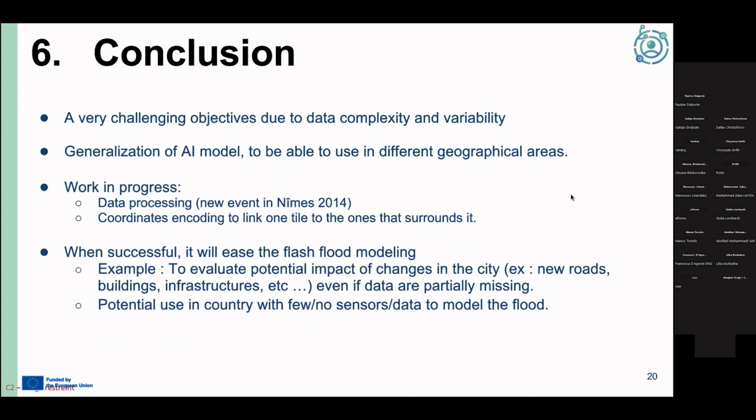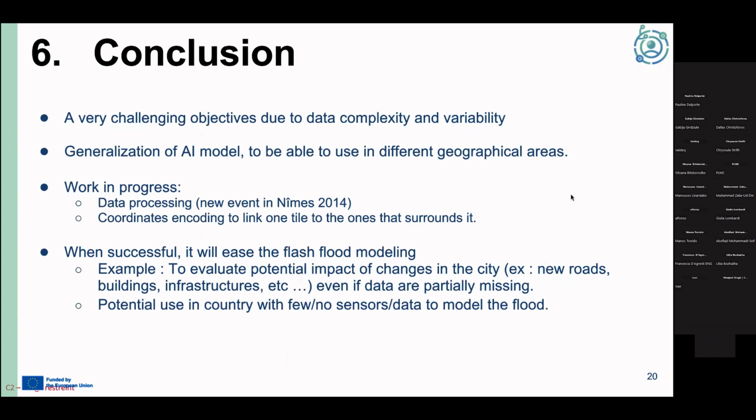As a conclusion, we can say that this use case is very challenging because of the data complexity and also its variability, because between two cities, for example, we don't have the same resolution, we don't have the same data.